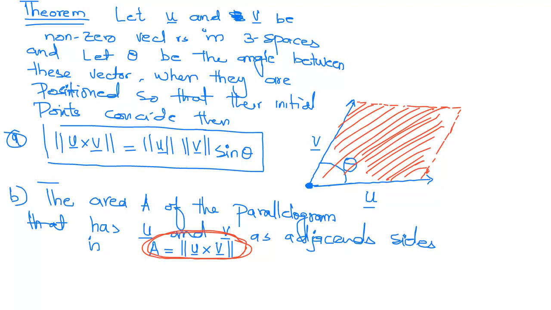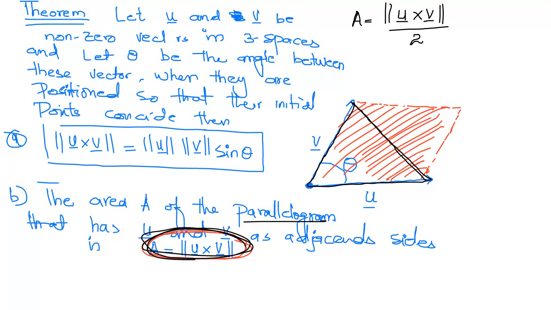If I draw the diagonal, it means I can take the area of the triangle. Yes, this is the triangle, so the area of the triangle is half of this. Whenever you want to find the area of a triangle, you take the cross product of two vectors and divide it by 2, because this is the area of the parallelogram.